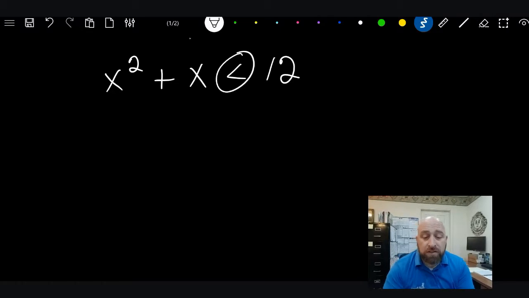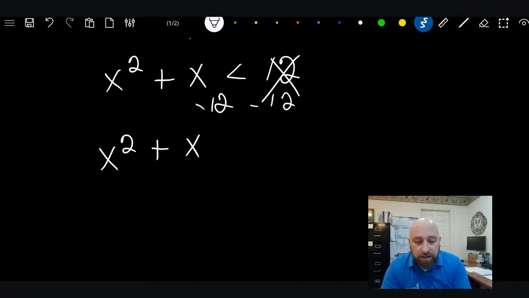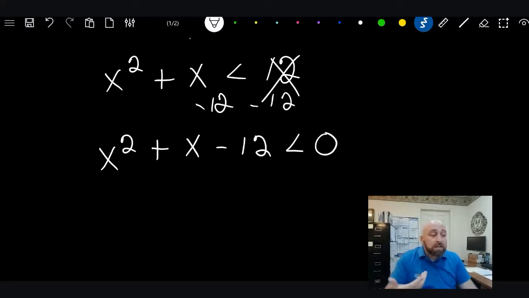Well, just because it's a less than sign doesn't mean that it's any different. We want to get it to equal 0 or less than 0. Okay, so we're going to subtract 12 from each side. That's going to cancel that out. So we get x squared plus x minus 12 is less than 0. We're putting it in standard form, in other words.